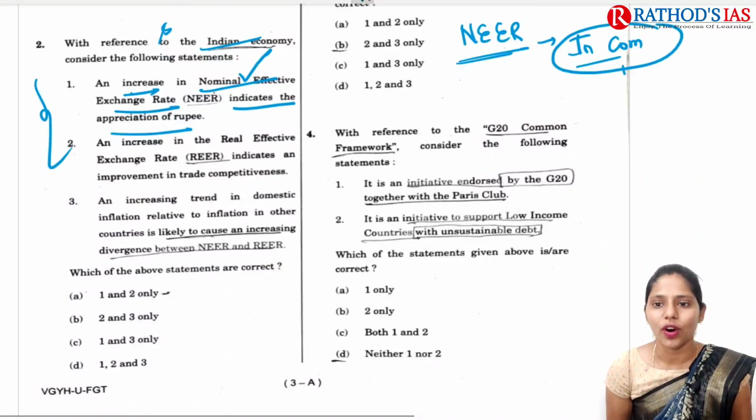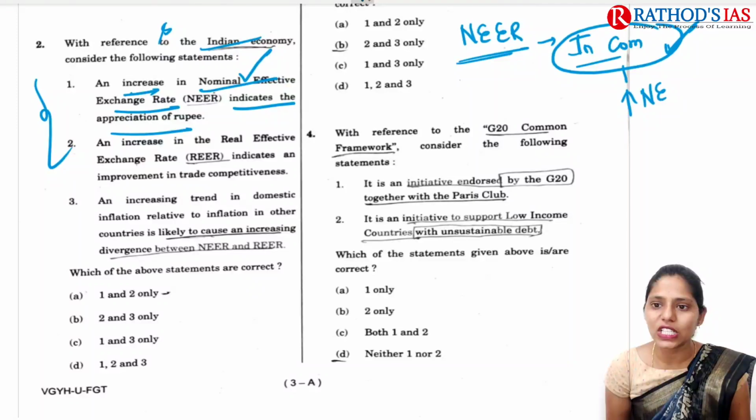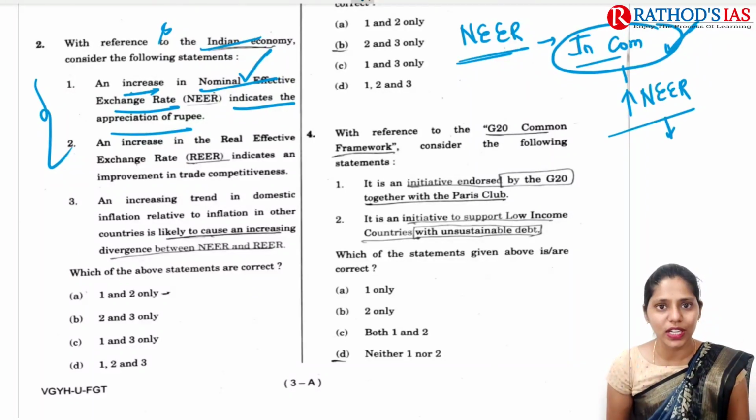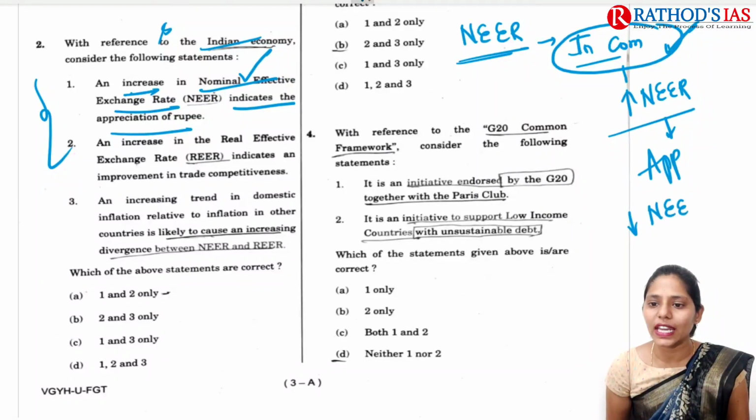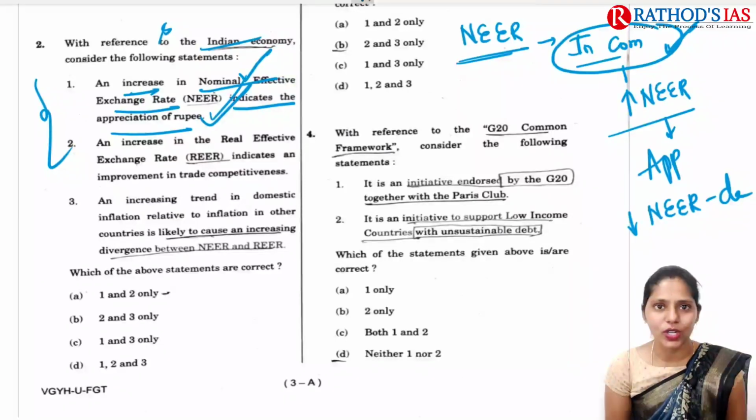Whenever there is an increase in NEER, we can say there is appreciation. Whenever NEER decreases, we can say depreciation. So the first statement is absolutely correct.